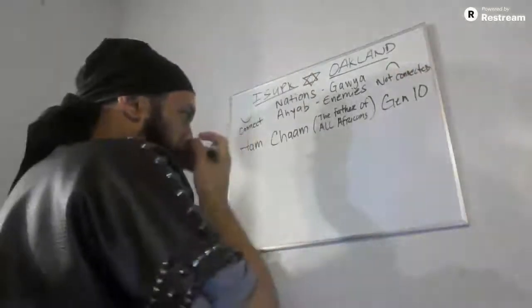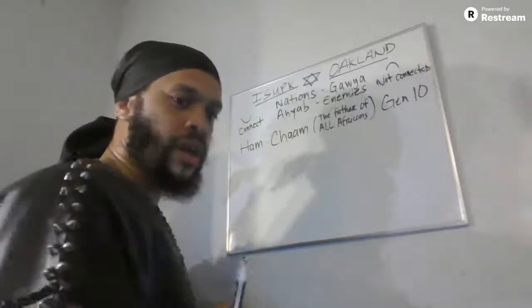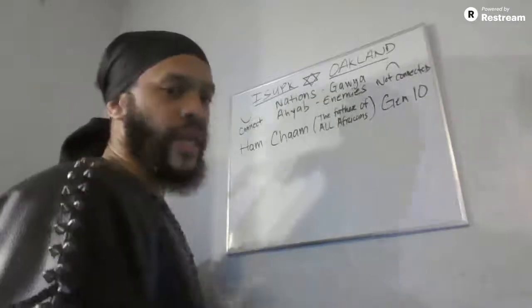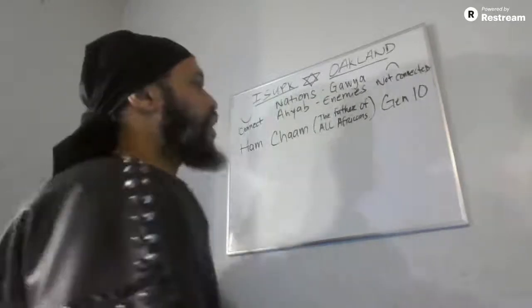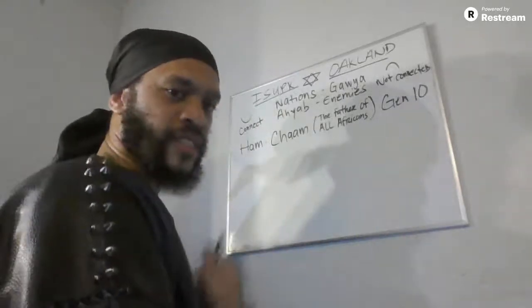Ham is the father of all Africans. Black people are not Africans. We Israelites, totally different nation, totally different seed. Ham is a seed of people, you know what I'm saying?